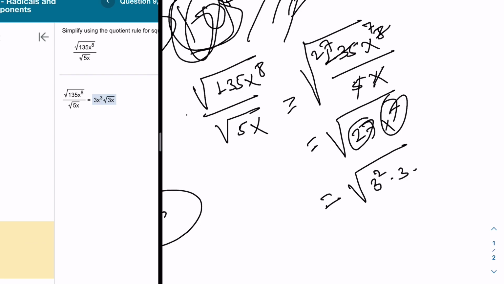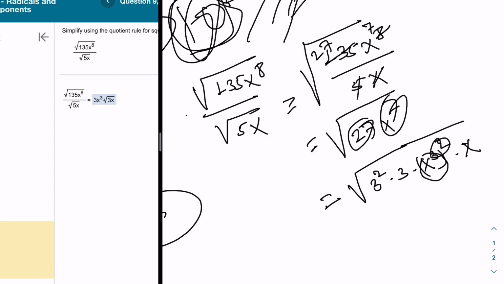Okay, then we can write x^7 as (x^3) whole squared into x. What is the remaining now? 3 twos are 6, 6 plus 1 is 7. Now this expression and this expression will go out, so 3x cube will go out, and the remaining is root 3x. So this is the answer.